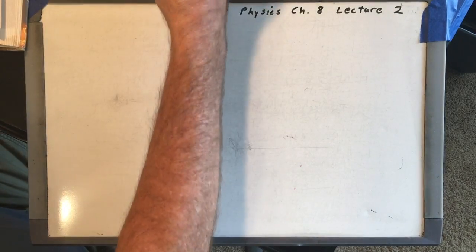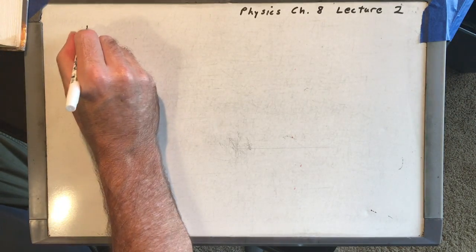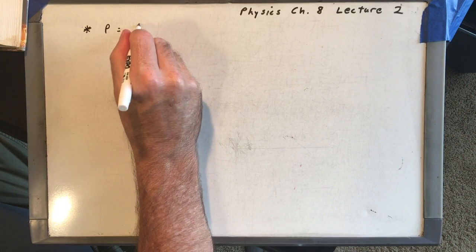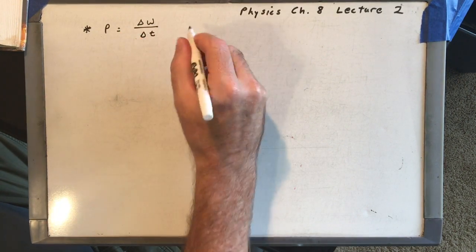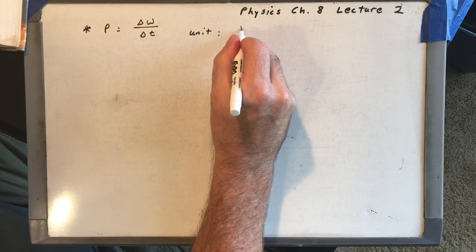And that is power. So we're at the bottom of page 4, energy and power. The power equation, P is the change in work over the change in time. The unit for power is a joule per second.